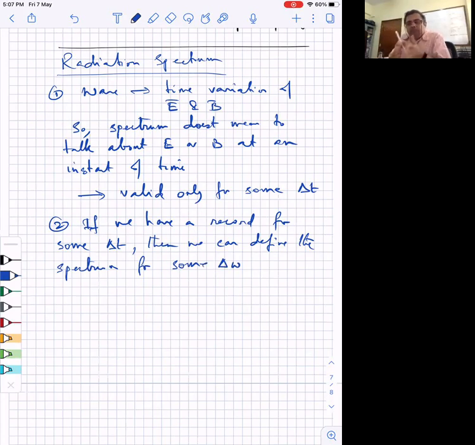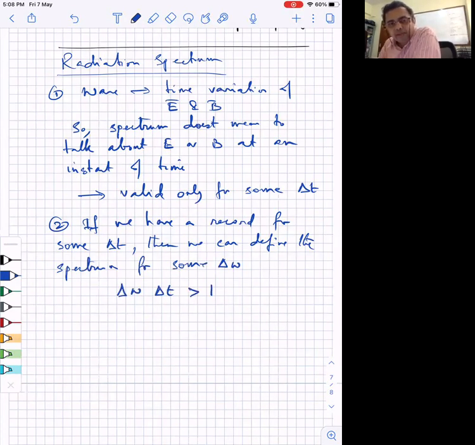So within some frequency interval, I need to know the energy dependence on the frequency. But the thing that we must follow is that my delta omega times delta t must be greater than 1.